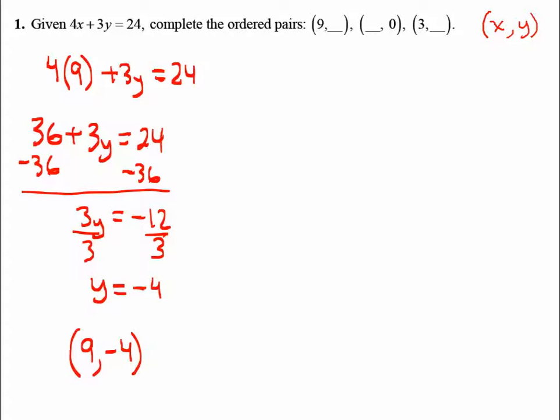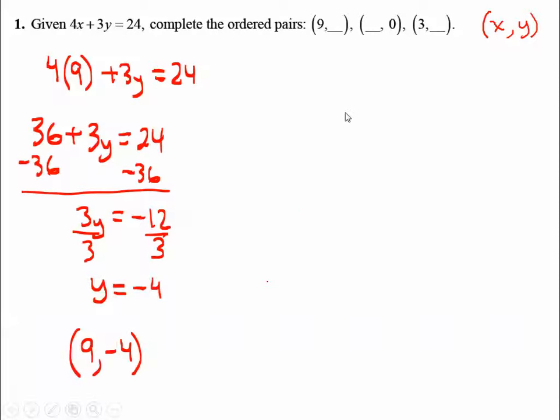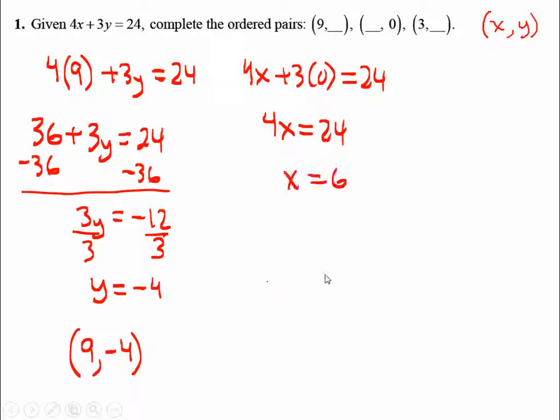Plug in the 0 for the y value. So 0 goes in for the y value here. Hey, I like plugging in zeros. Aren't those easy? Plug in 0, this all goes away. So it's just 4x is equal to 24, divided by 4 gives you 6. I like plugging in zeros.